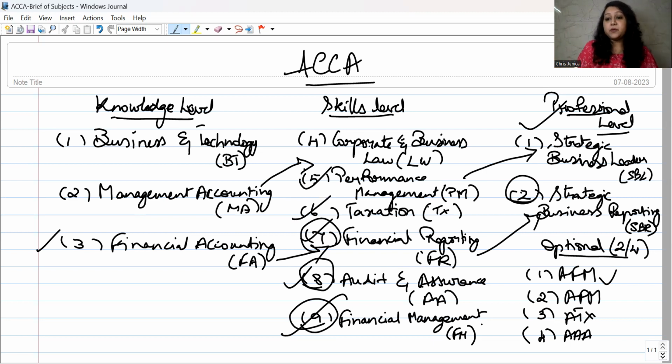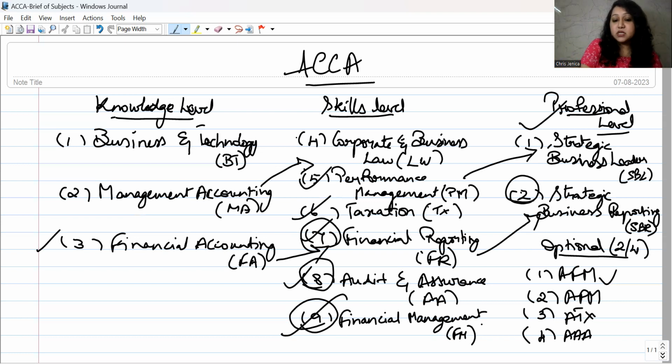This is going to be one single paper which you're going to learn from the scratch again. But you do not need to have any kind of base. For audit, I told you need to have proper knowledge of your FR. Then it would be easy. But taxation is not like that. You don't have any base. You're going to start from the scratch. So you can opt for taxation at any moment during the skills level.